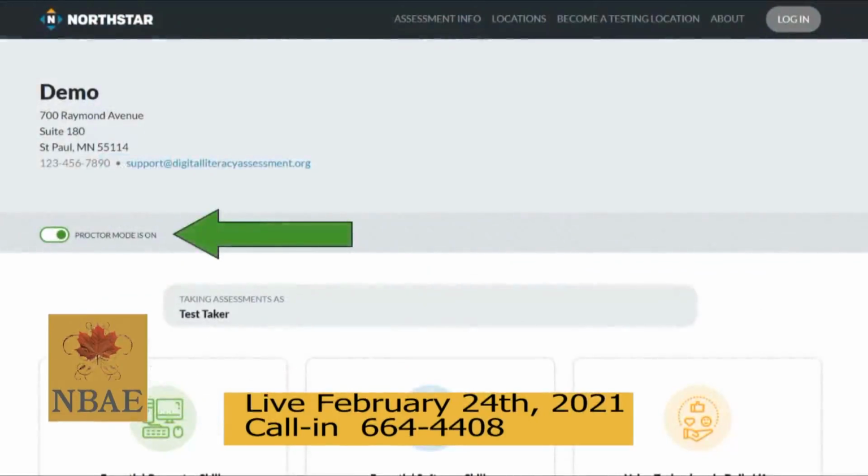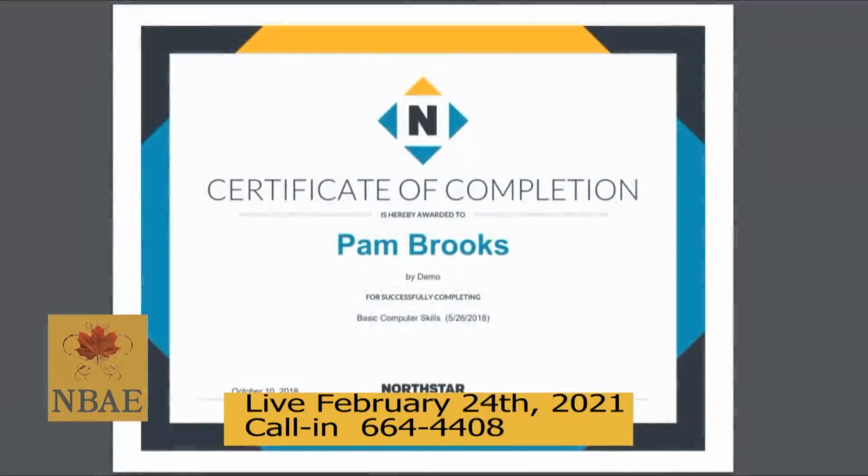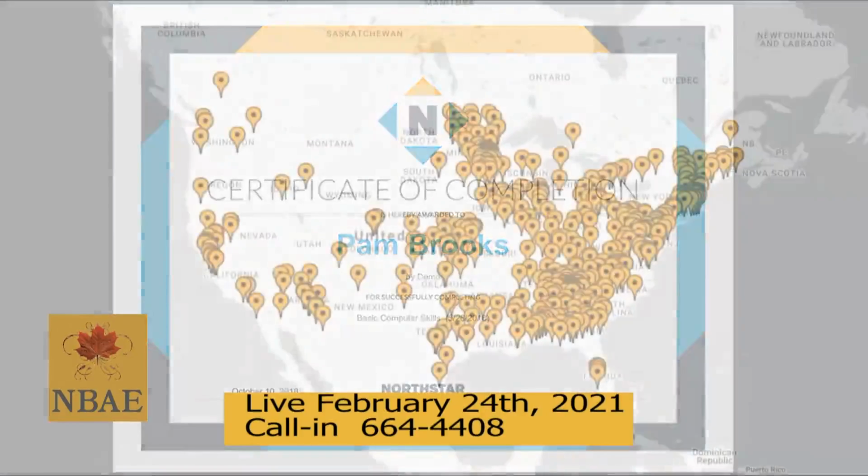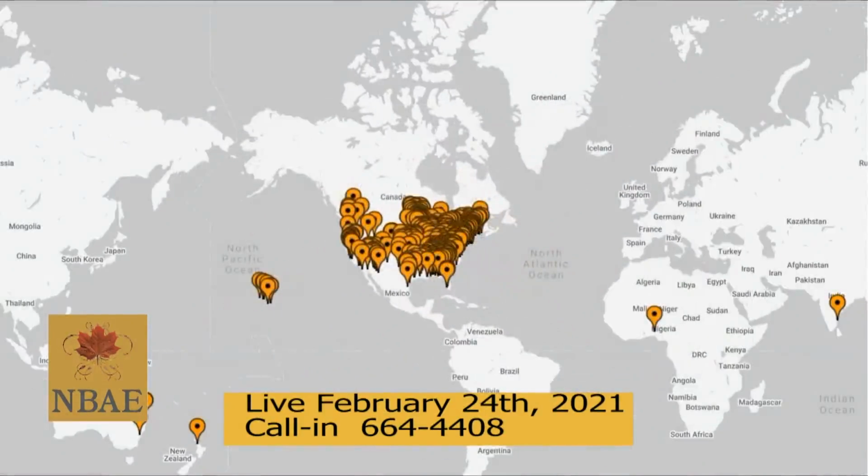Then, if you score 85% or higher, you'll earn a certificate. Northstar certificates demonstrate that you have computer skills. You can show your certificates to employers or list them on your resume. There are hundreds of testing locations, and assessments have been taken millions of times.